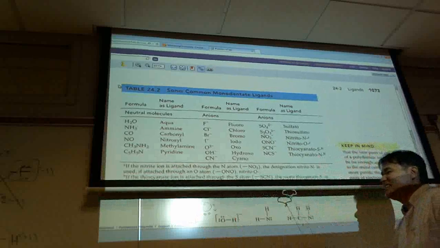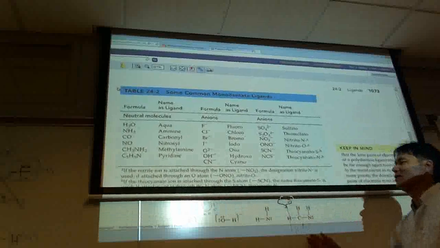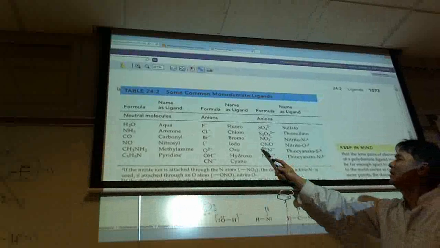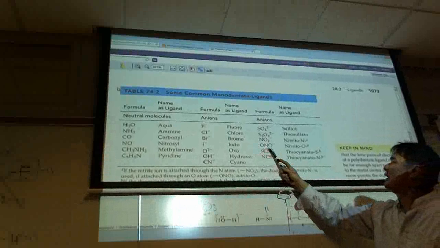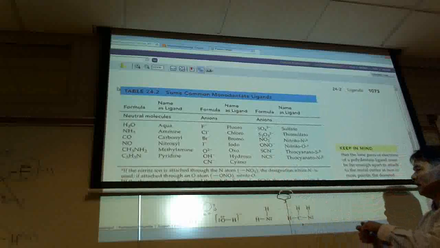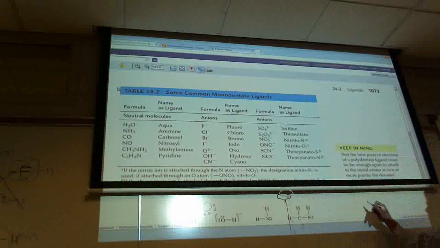Well, sometimes there isn't a huge difference. And that would be for something like nitrite, NO2. And so when we look at nitrite, let's do the Lewis structure for nitrite.